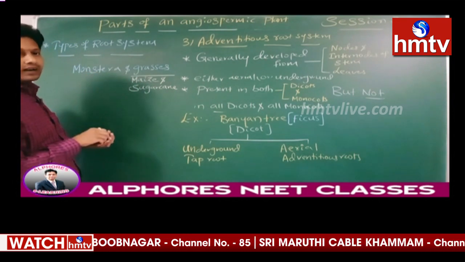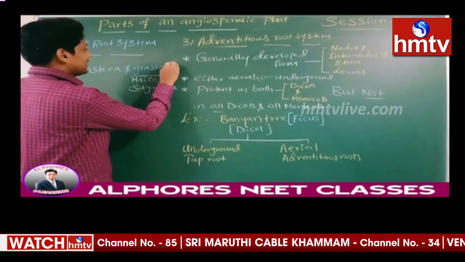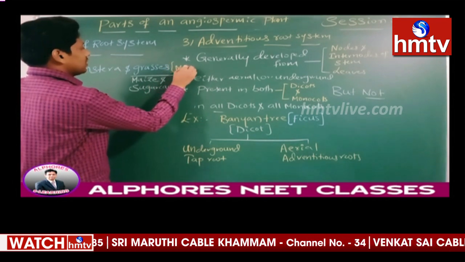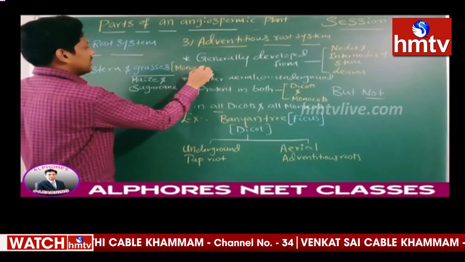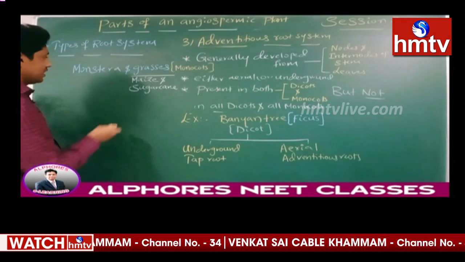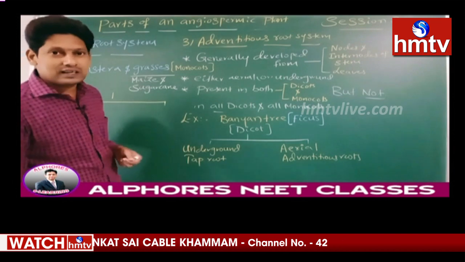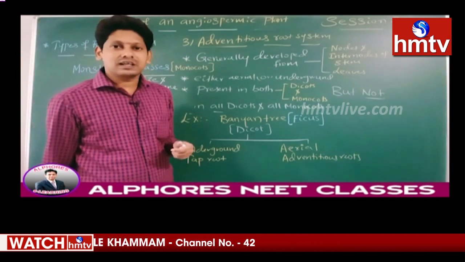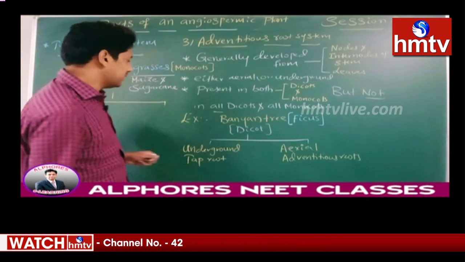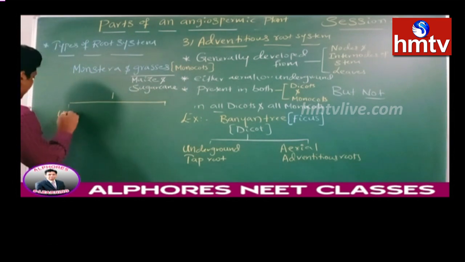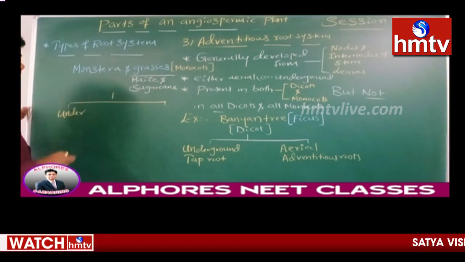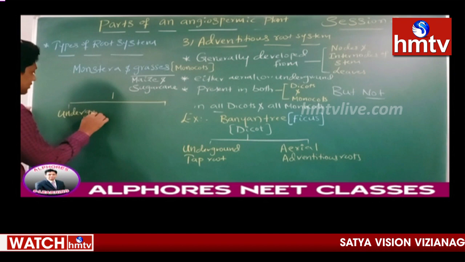Are Monstera and grasses dicots or monocots? They are monocots. Monocots should contain fibrous roots. Therefore, in these plants, underground fibrous roots are present.